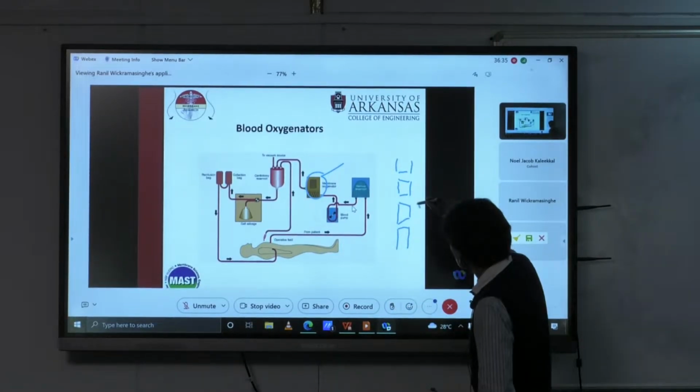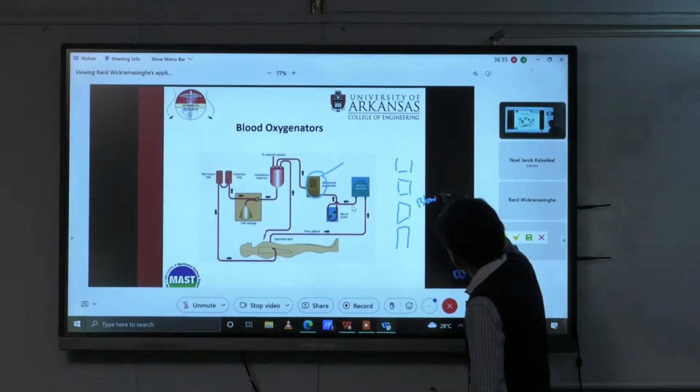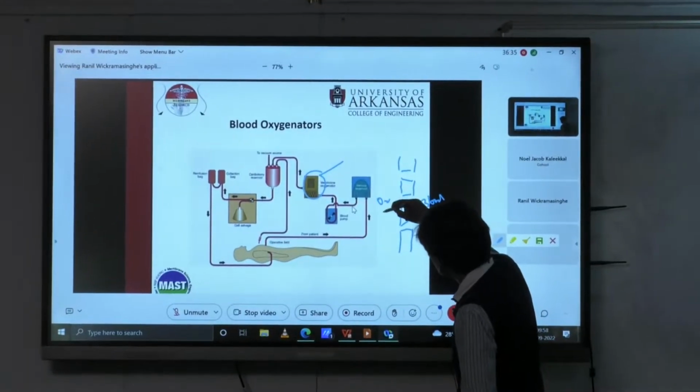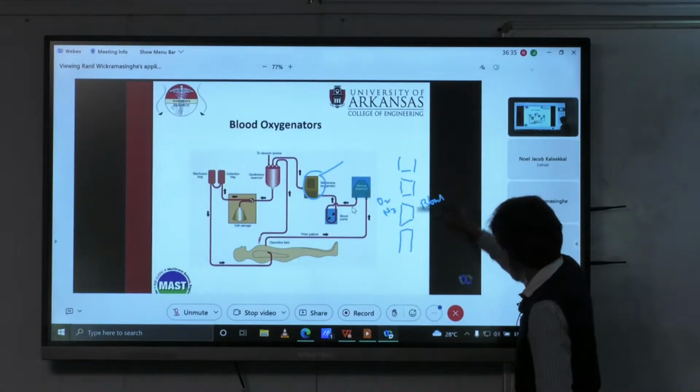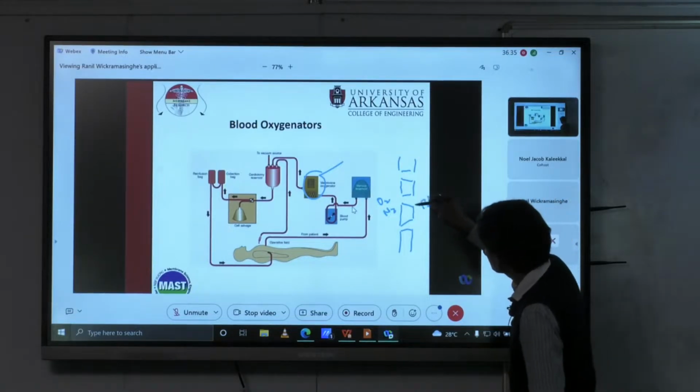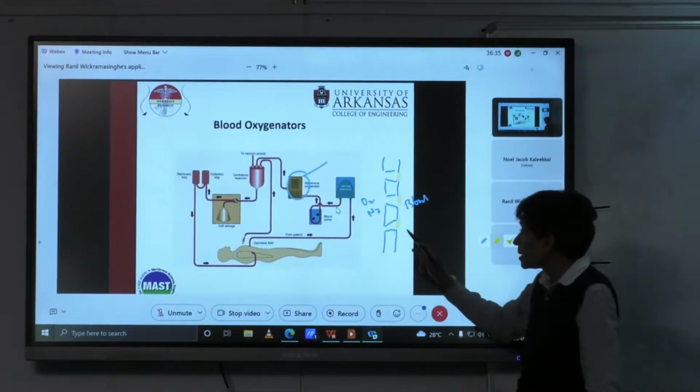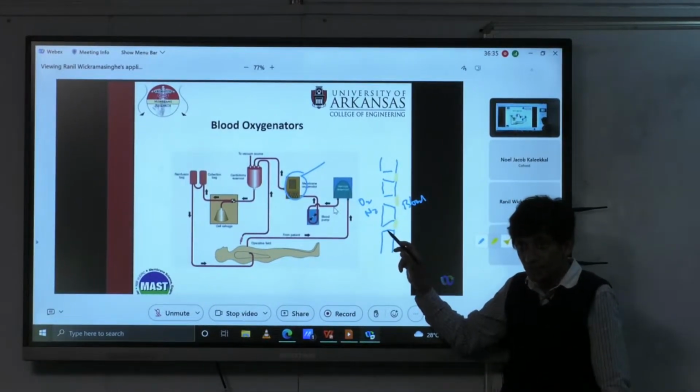We have the blood, say, on the outside, and oxygen and nitrogen on the inside flowing this way. And here you have a gas-liquid interface, right? Because the membrane is hydrophobic, air fills the membrane pores.